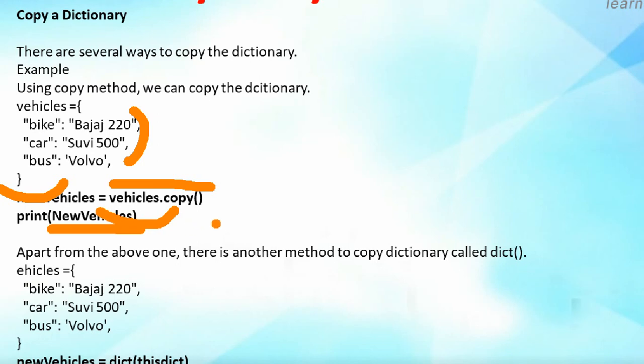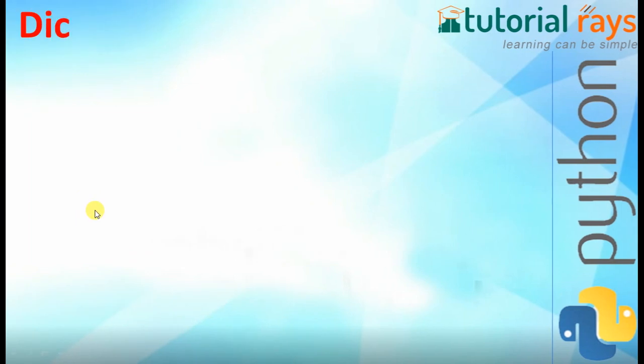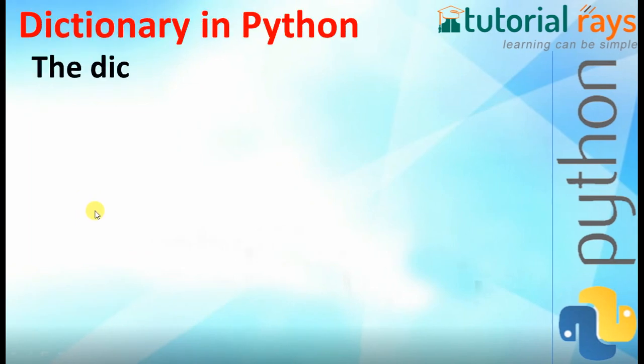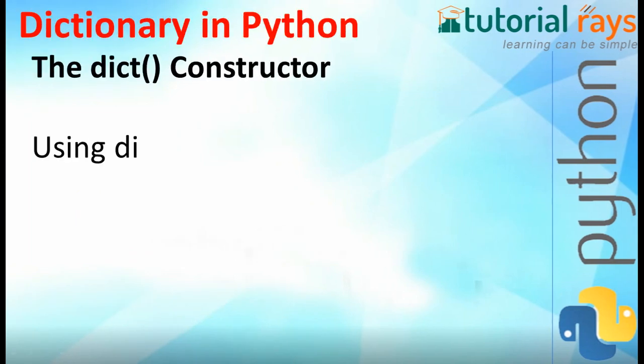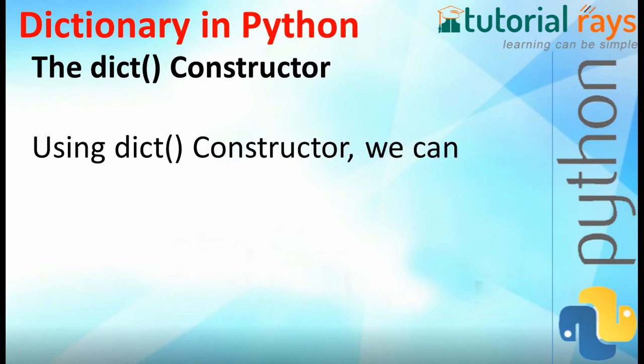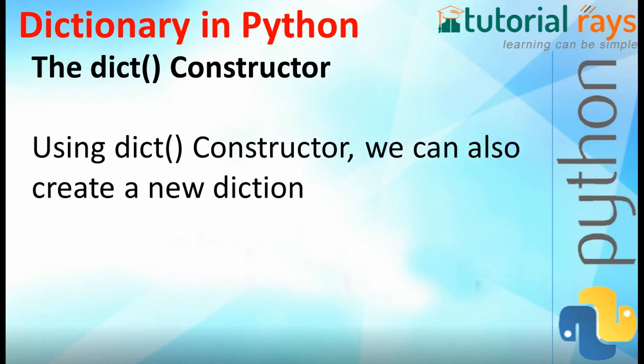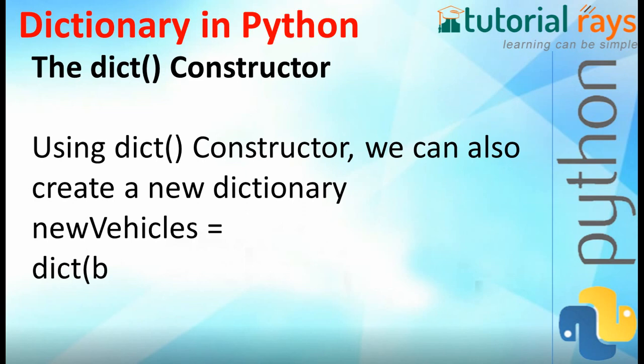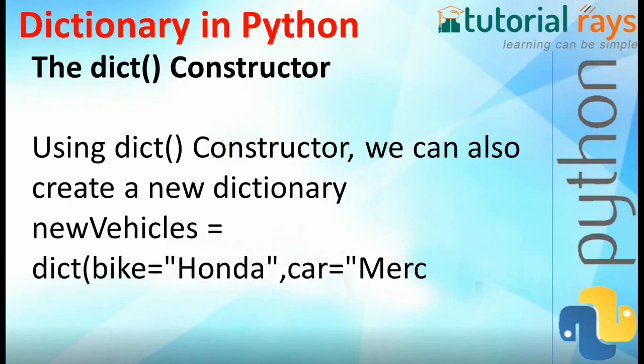Apart from that, there is also another method to copy a dictionary, called dict. So using dict you can also display this one, and using the dict constructor you can also create a new dictionary, like new vehicles, then dict bike, like this.